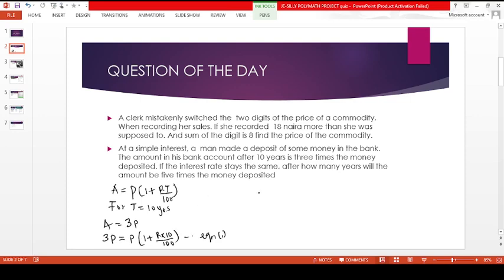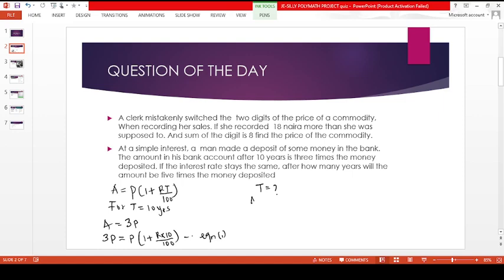And then for the second equation, they said after how many years? In other words, you're looking at a time which is unknown, and the rate is to stay the same. We want to know the time it would take for that amount to be 5 times the money that was deposited.